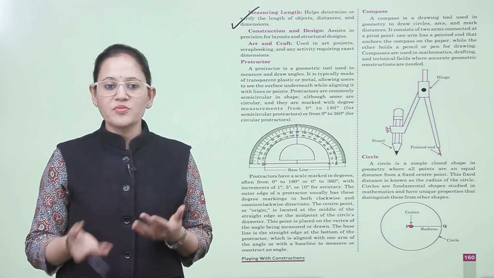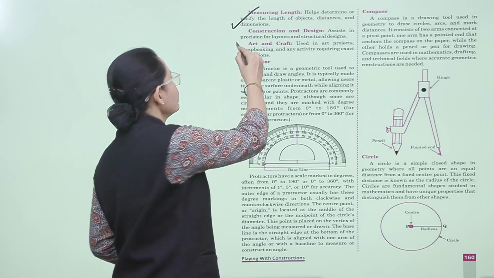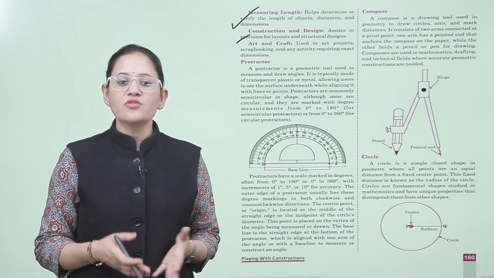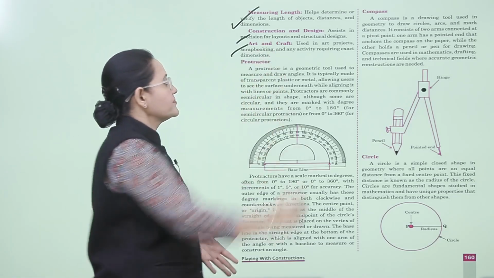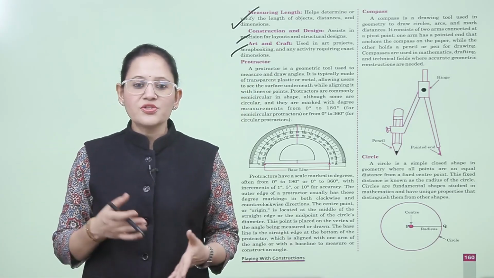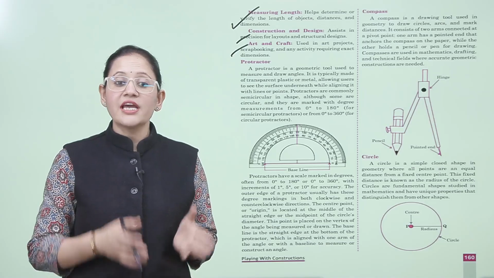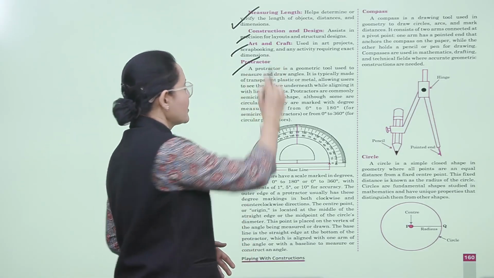Next is construction and design. It assists in precision for layout and structural design. Next is art and craft. A ruler is used in art projects, scrapbooks and any activity requiring exact dimensions. There we use a ruler.